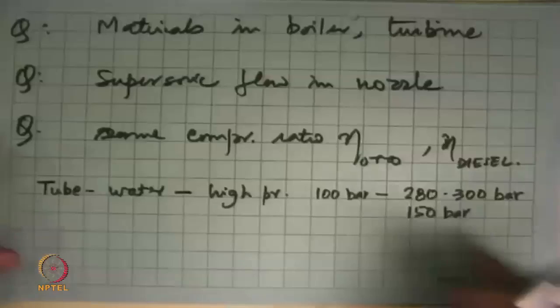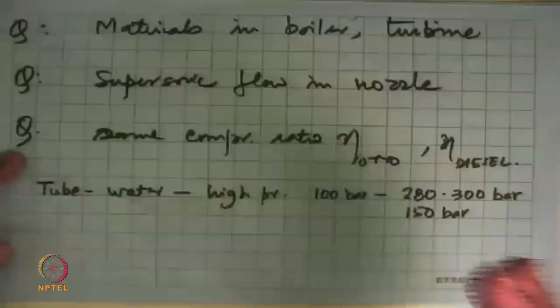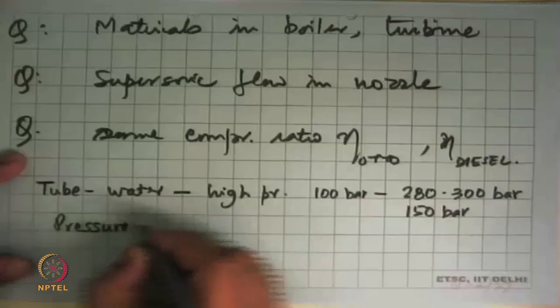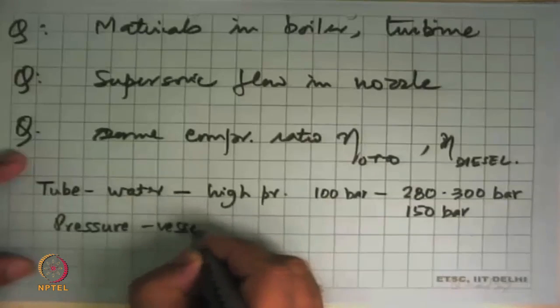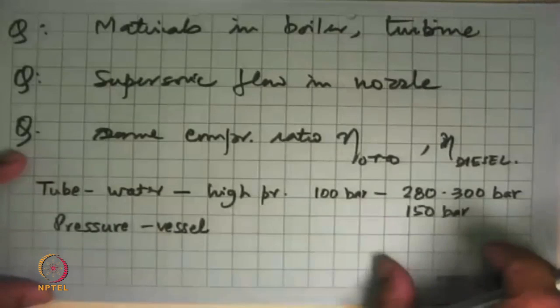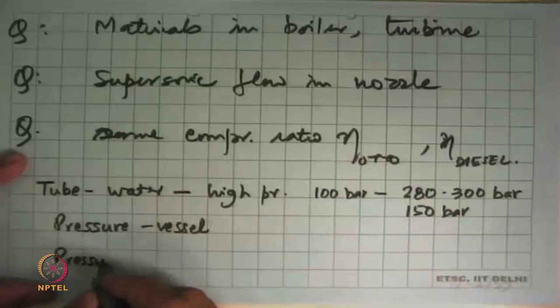These devices at high pressures, if it's just a vessel or a tank, are called a pressure vessel. And all these parts in a boiler or in a power plant or any other cycle which are subjected to high pressures are called pressure parts.